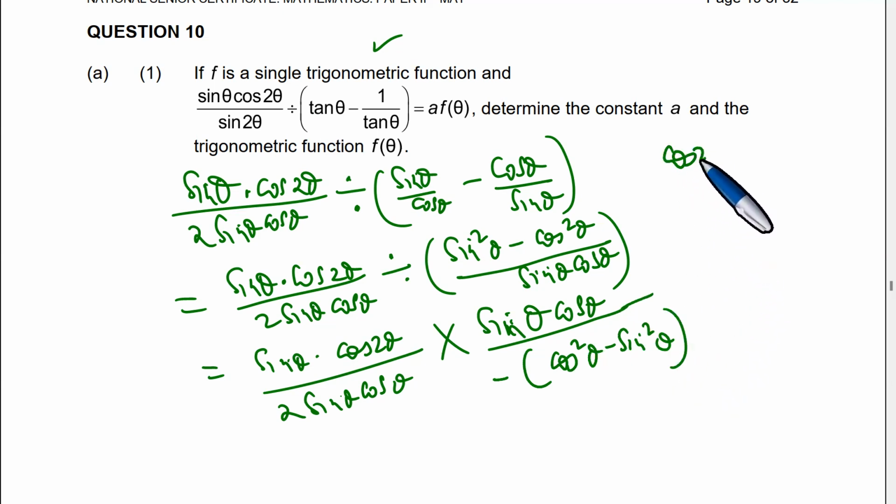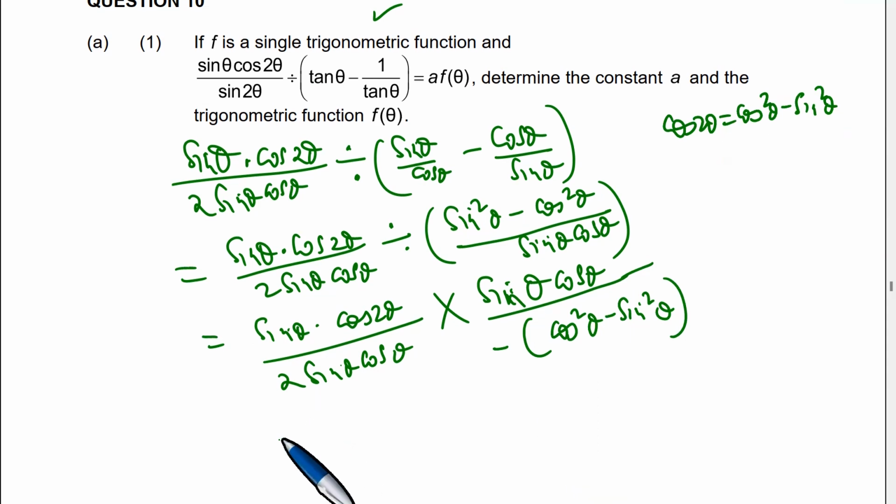What is cosine 2 theta? It's cosine squared theta minus sine squared theta. Okay, what's the answer?